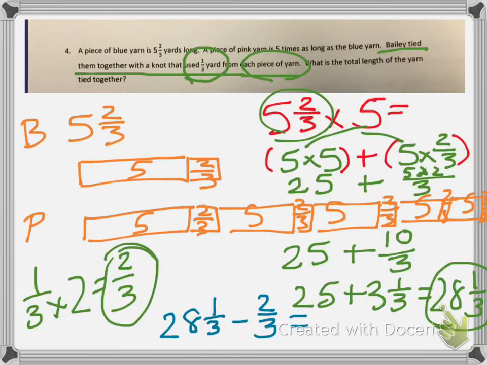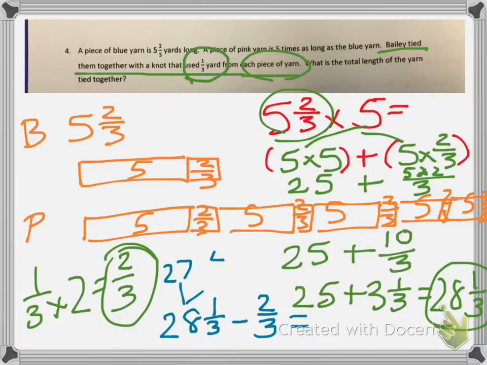Okay. Uh-oh, I see a problem here. I can't subtract 2/3 from 1/3. So I'm going to come up here and take a whole off of here. So this is going to be 27. I'm going to add it over here.